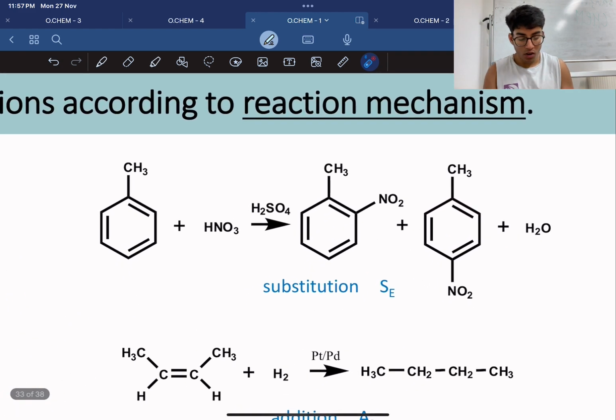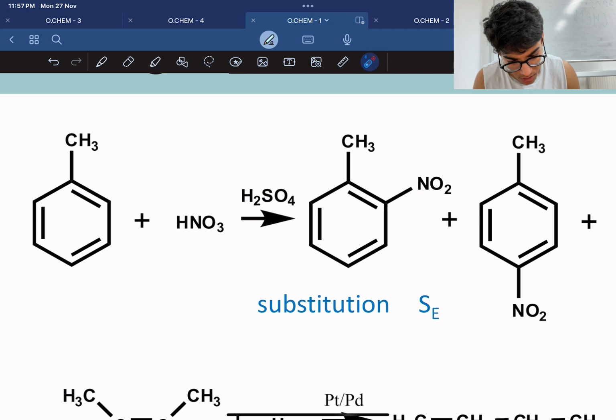Look at this, pretty straightforward. Over here, H plus, what's happening here? Substitution reaction, of course, and we see that NO2 is attached.